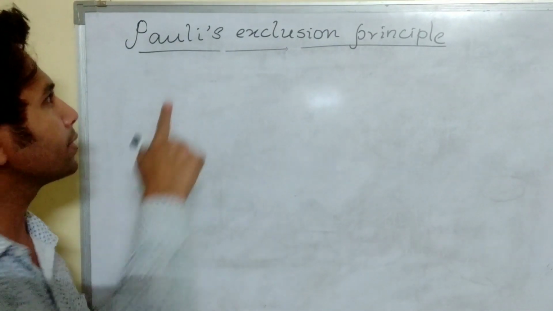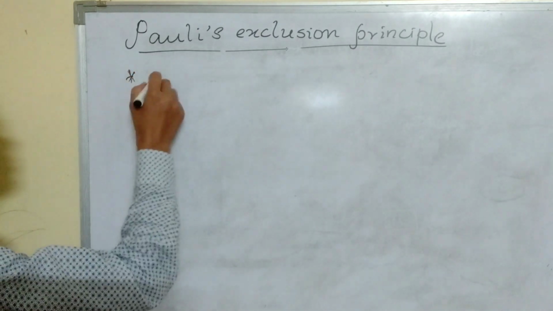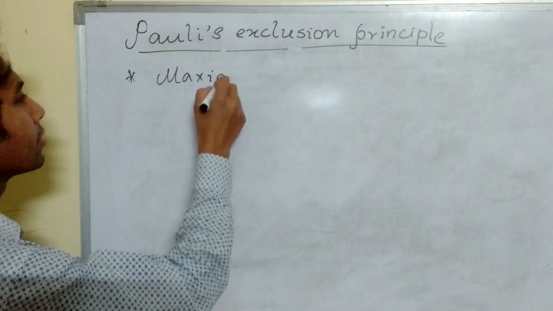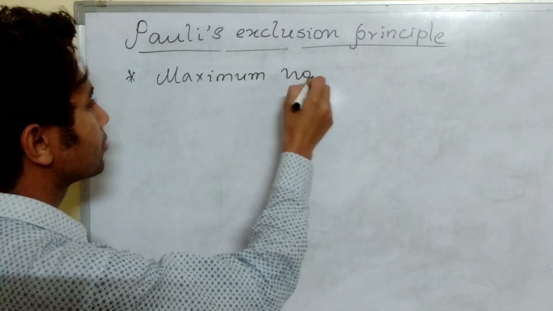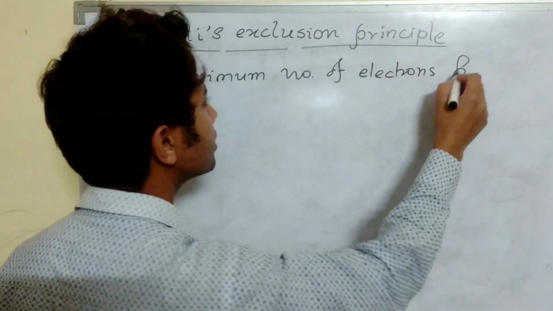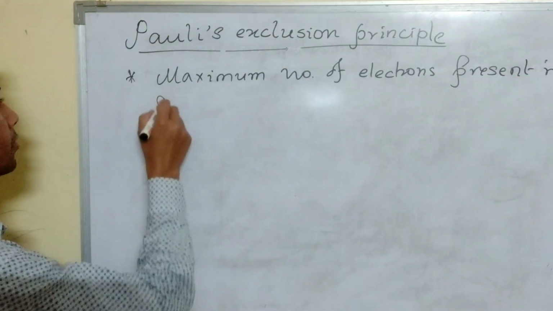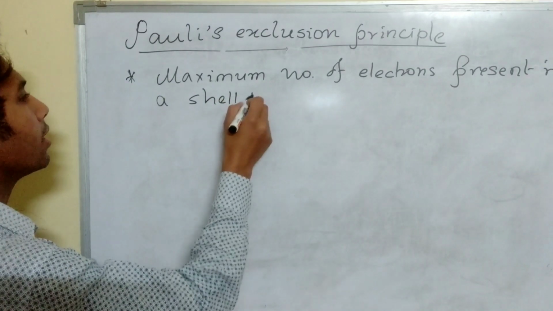Students, based upon this Pauli's exclusion principle, we may find out the maximum number of electrons present in a shell.